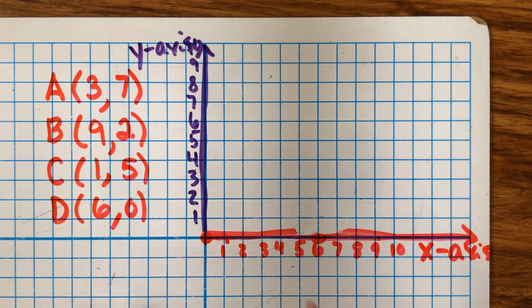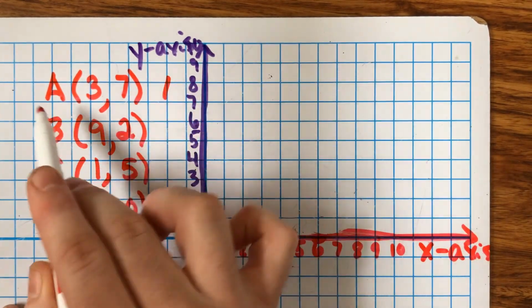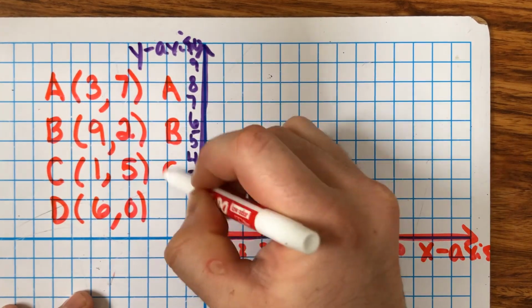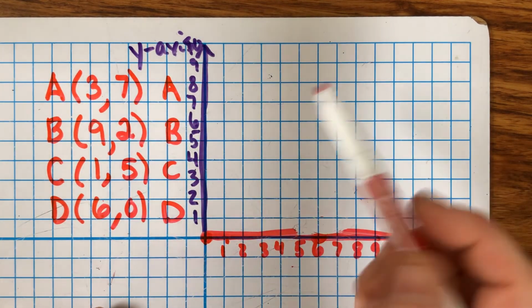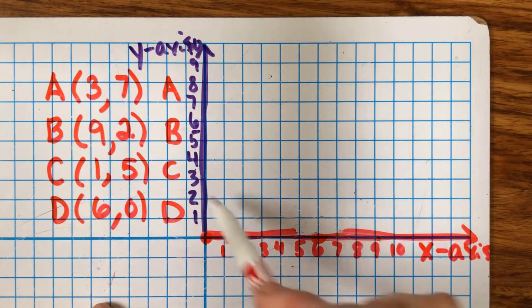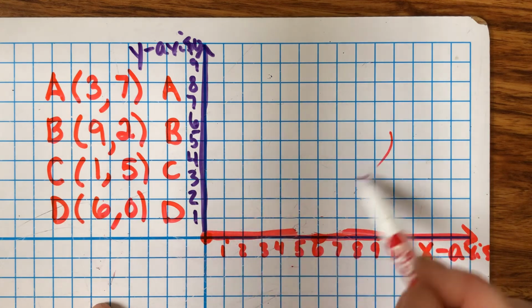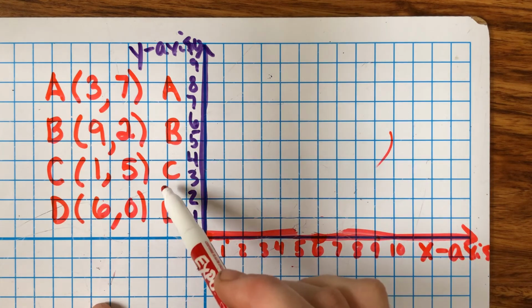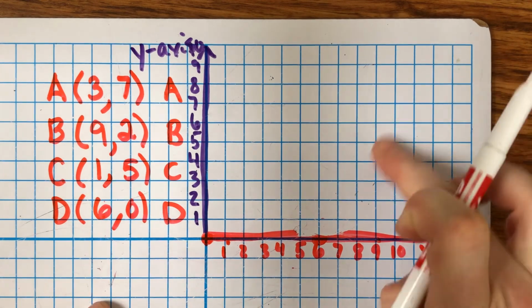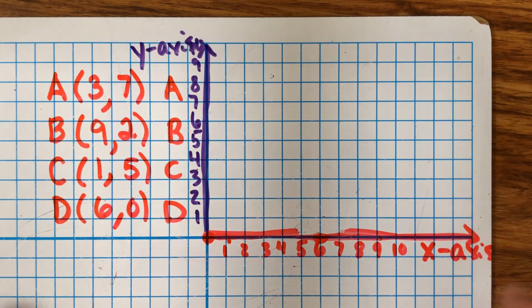There's going to be the letter, the ordered pair, and then the letter again. And you're going to drag the letter to wherever it should go on the coordinate grid. Same thing with B, same thing with C, same thing with D, and so on. So your final thing on your Google slide is going to have all your letters on your coordinate grid.